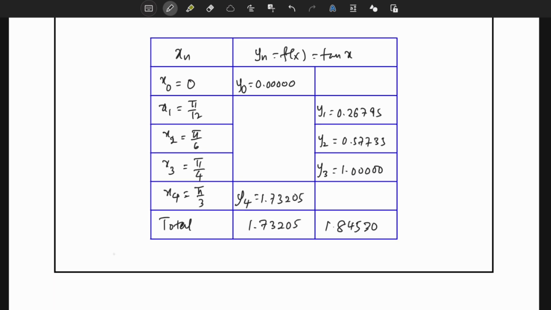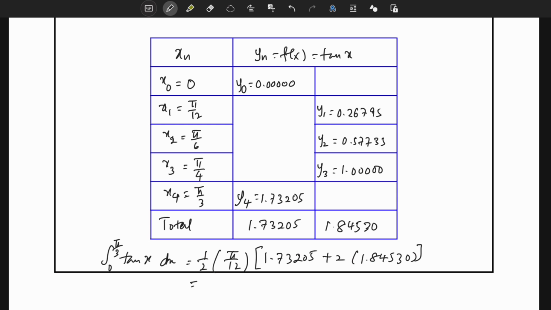So the integral of tan x dx from 0 to pi over 3 is equal to half, your h is pi over 12, times the total values: 1.73205 plus 2 times 1.84530.